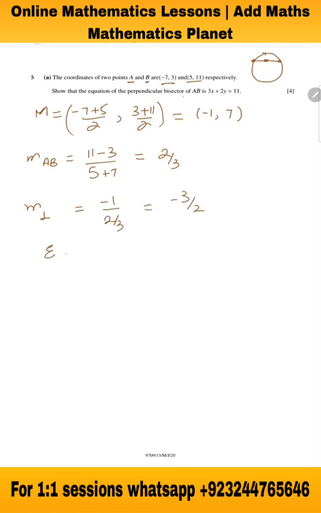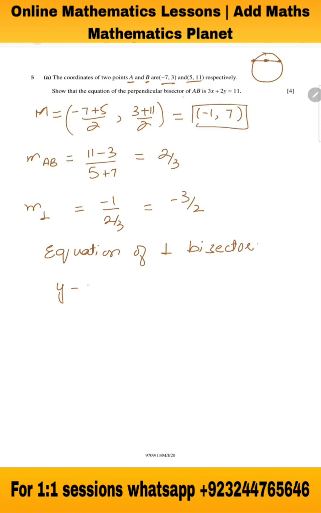So the equation of the perpendicular bisector: y minus y1, where x1 and y1 are the midpoint.